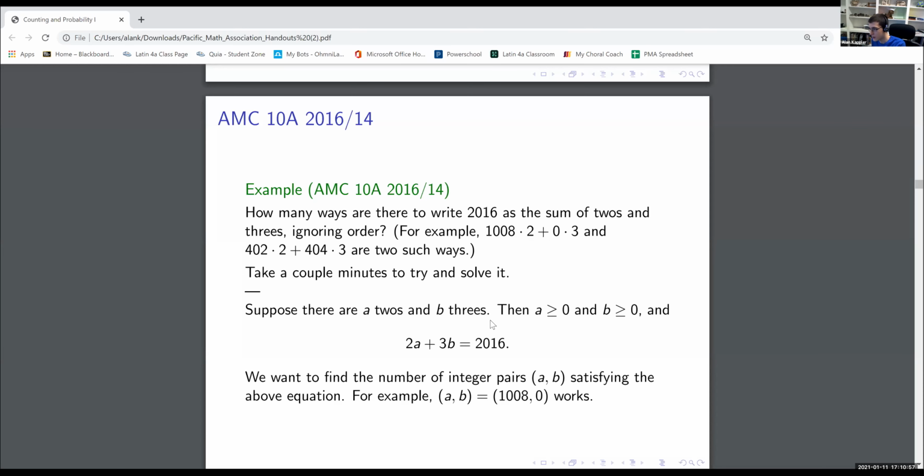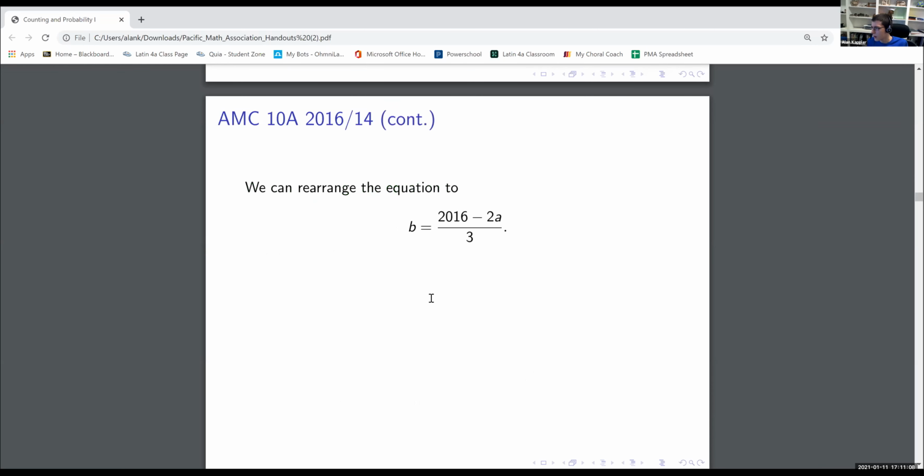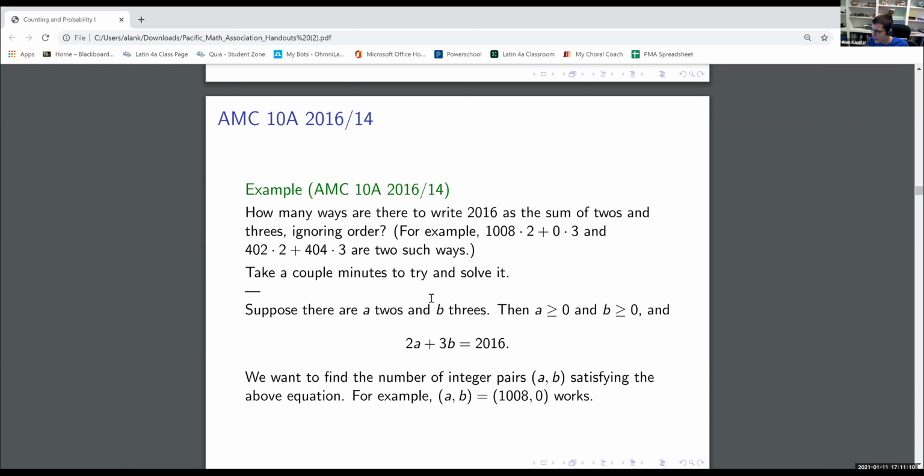So we want to find the number of integer pairs, and that goes from, for instance, 1008 all the way to 0, 672.